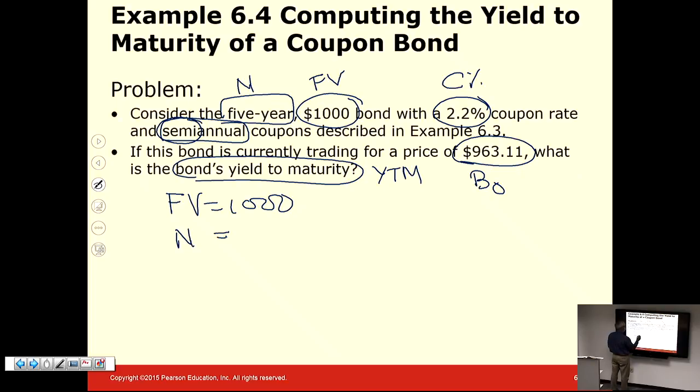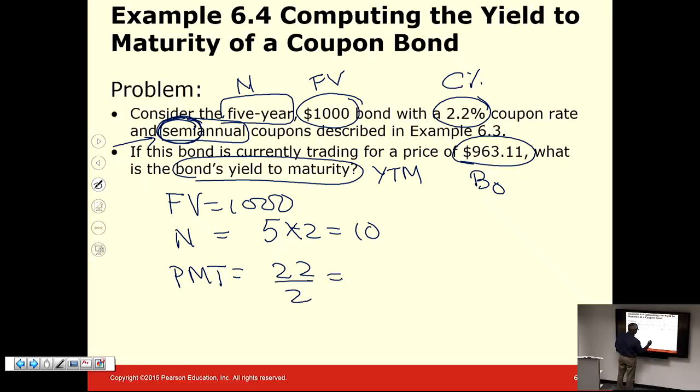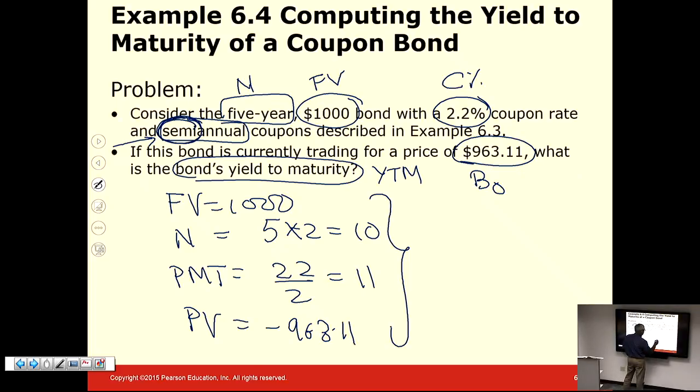Number of periods, it's 5 years, but since it is semi-annual, I have to multiply that by 2, which is 10. Payment, which is the annuity coupon, is 2.2% of $1,000, which is $22. But again, it is semi-annual, so I will divide that by 2, which is 11. And present value, which is the price of the bond, B0, is 963.11. Once I have this, I'll compute I/Y, which will be my yield to maturity.